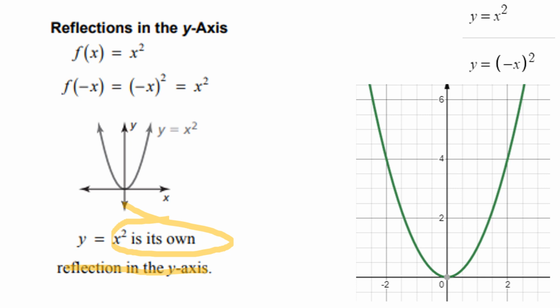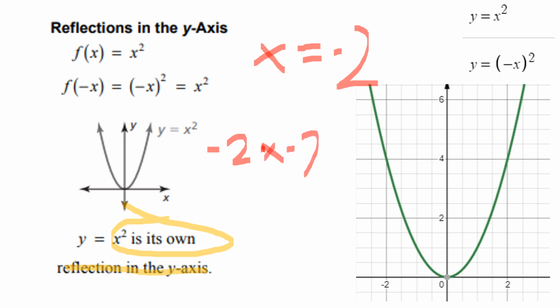For example, if x was negative 2, times negative 2 equals a positive 4. So as a result, it should stay the same. So that's why it stays the same.